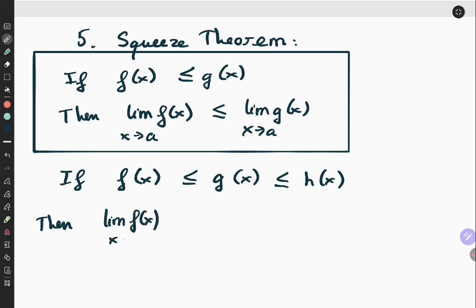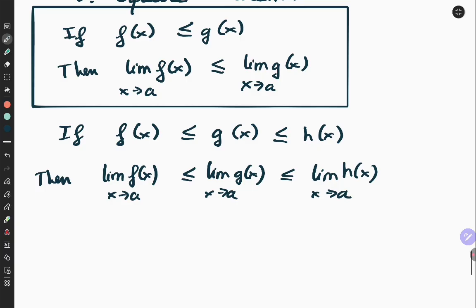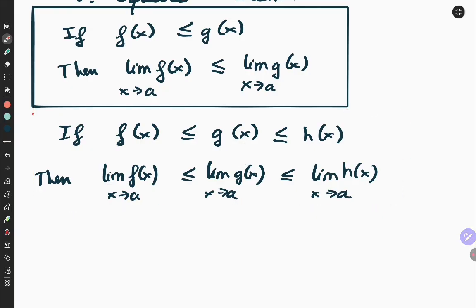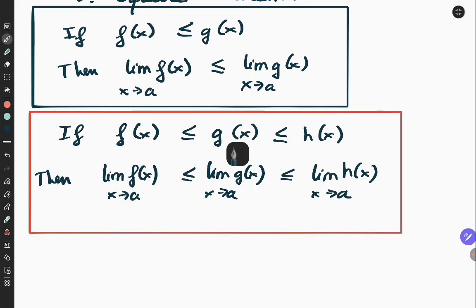The limit of f of x is less than the limit of g, and so also the limit of h. So this is right here. Let me box this. This is the squeeze theorem.